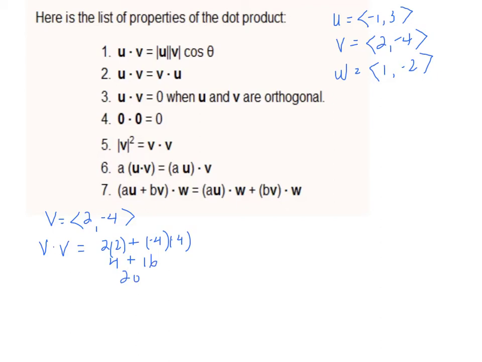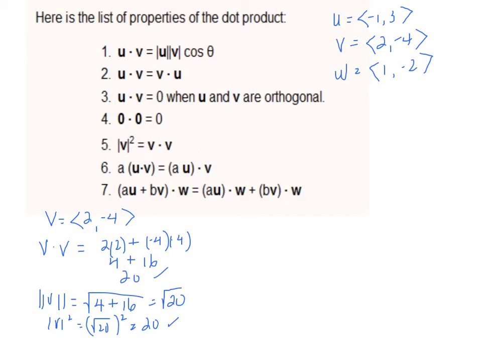Then we want to find the magnitude of v, which is the square root of 2 squared, which is 4, plus 4 squared, which is 16, which is the square root of 20. But it says the magnitude squared, so the magnitude squared is going to be the square root of 20 squared, which is 20. And so, yes, you can see that v dot v is equal to the magnitude squared.